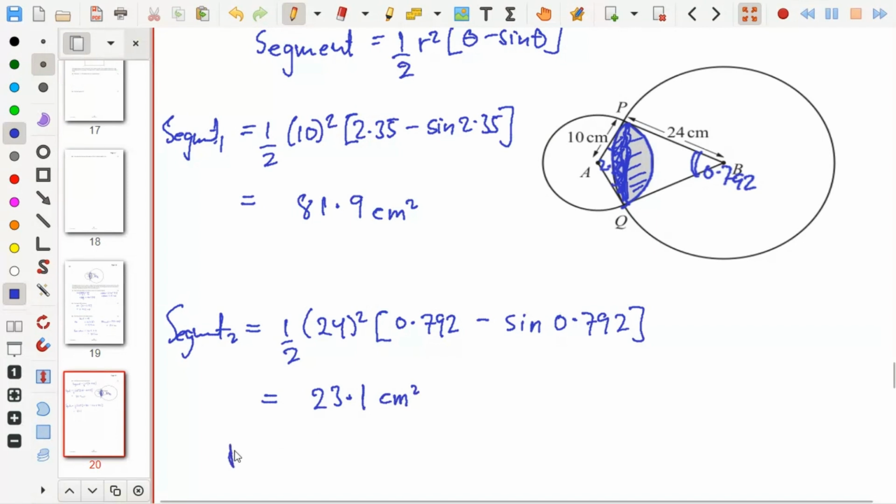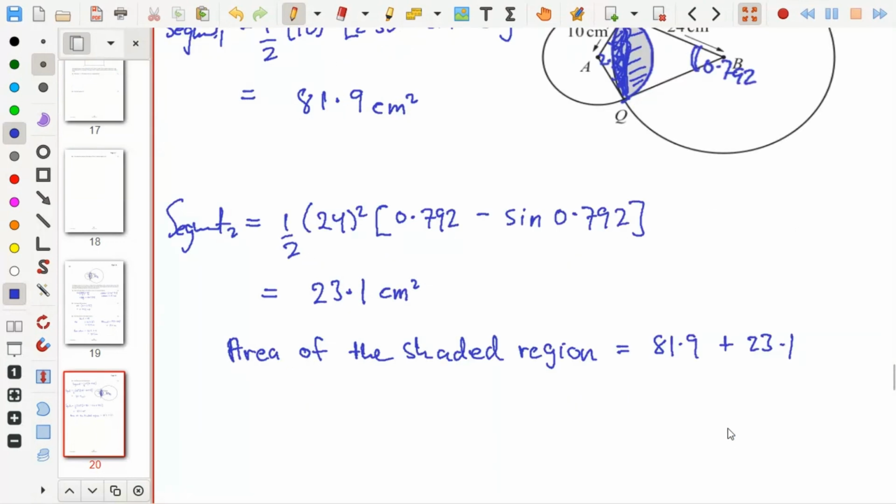Okay, so now the area of the shaded region is given by 81.9 plus 23.1. So let's sum it up and see what you get. Okay, I'm getting 105 cm squared.